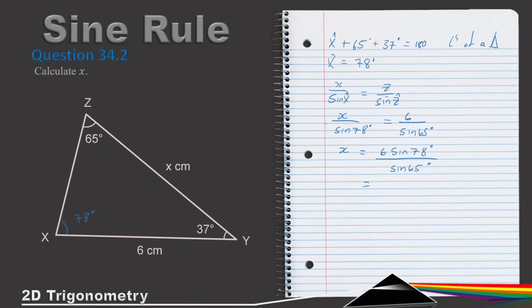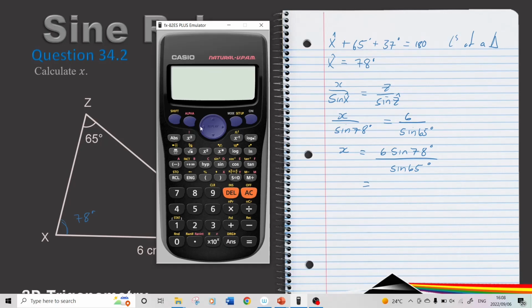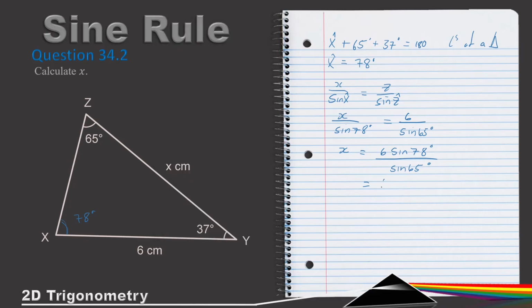Okay, and we substitute that into our calculator. 6 sine 78 over sine 65. Okay, so that's going to be 6,48 centimeters.